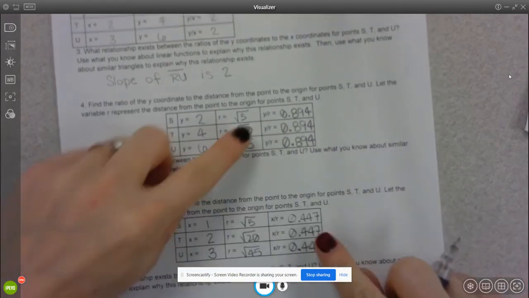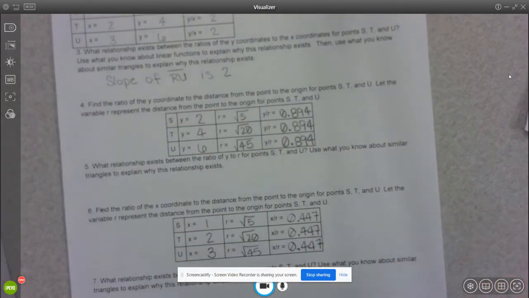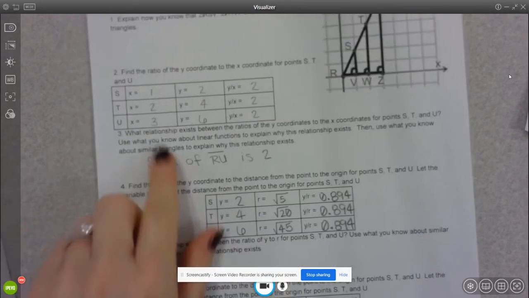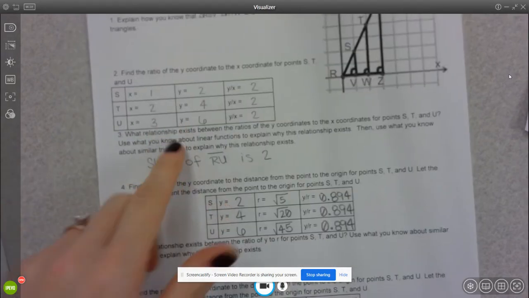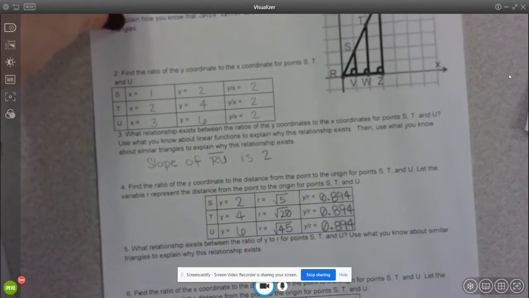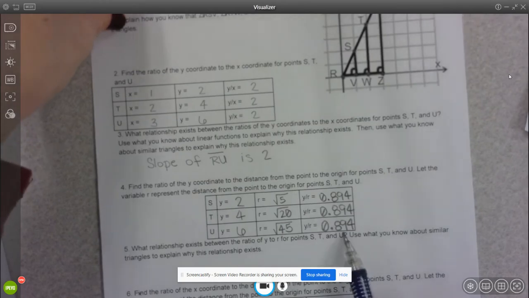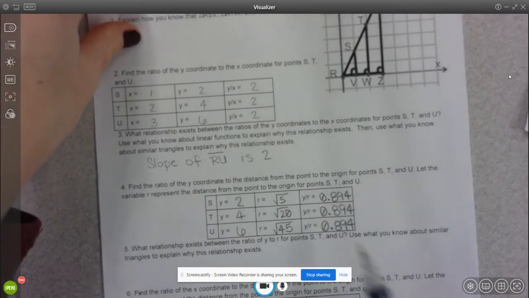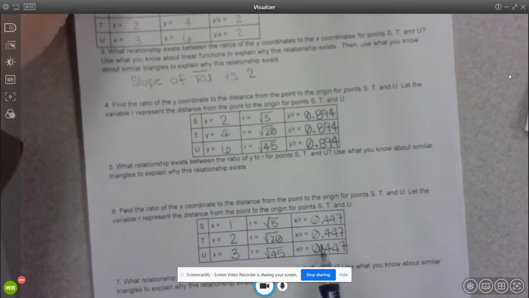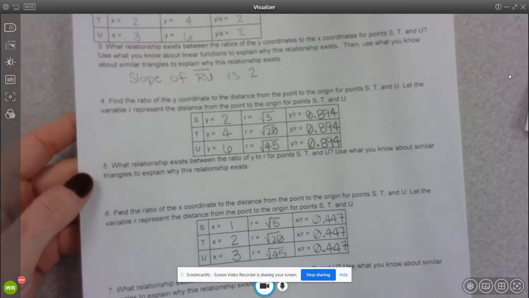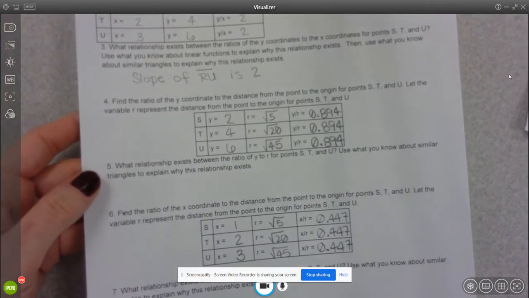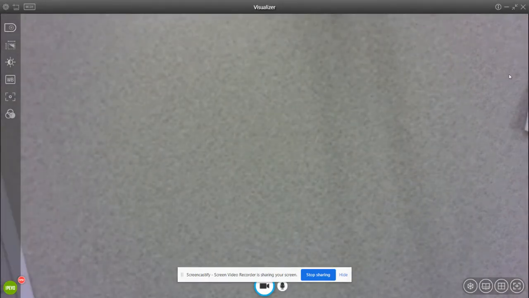You'll notice that these proportions here are flipped because I have flipped my x value and y value from my original table. But again, these relationships are going to be the same because leg to hypotenuse and leg to hypotenuse, we're maintaining that same relationship as we dilate our triangles.